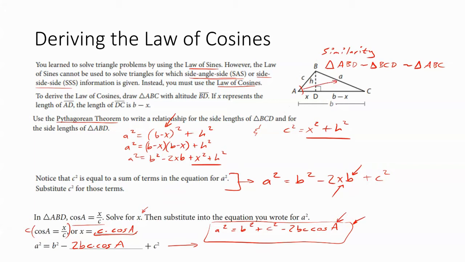I'm interested in that person. What angle A has to do is talk to the other sides. Like, yo, B, what's up with A over there? Yo, C, what's up with A over there? And angle A has a certain degree. So it uses the two other sides and its own angle to figure out side A.